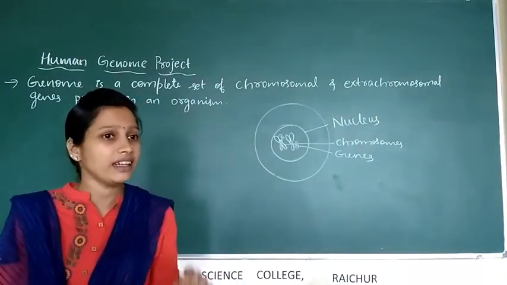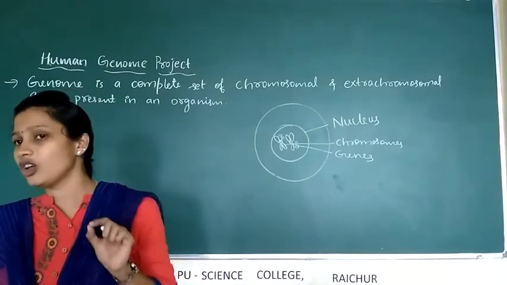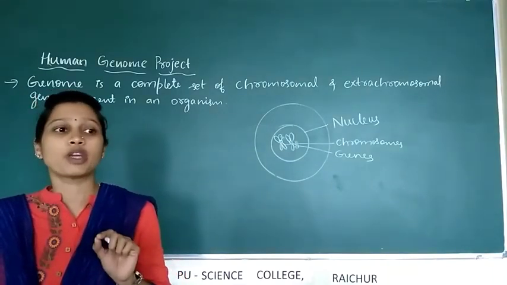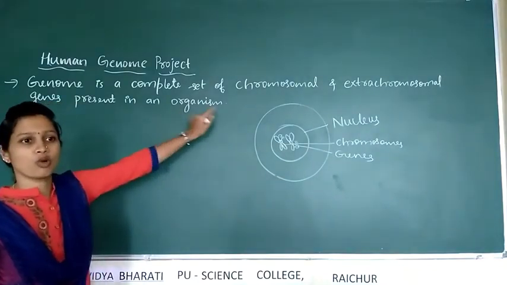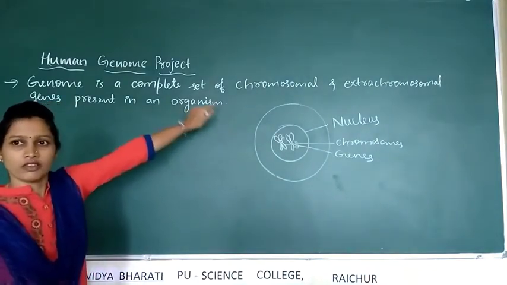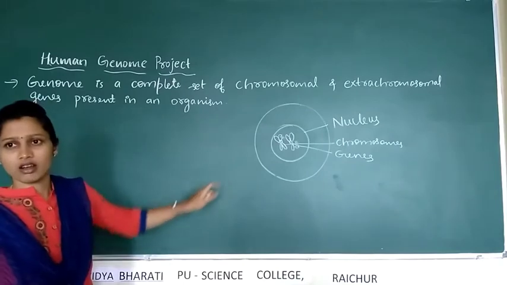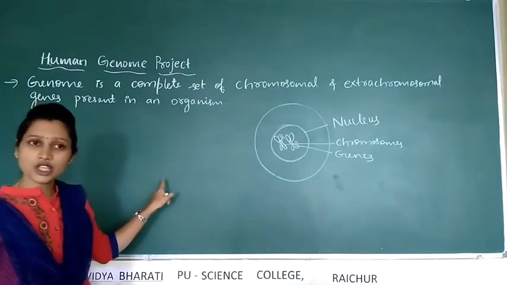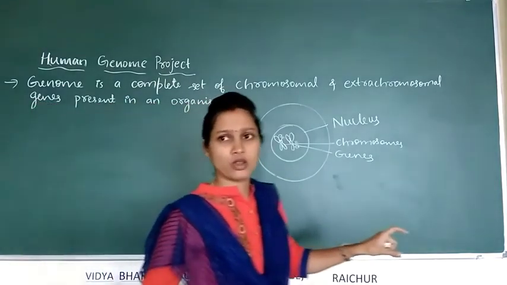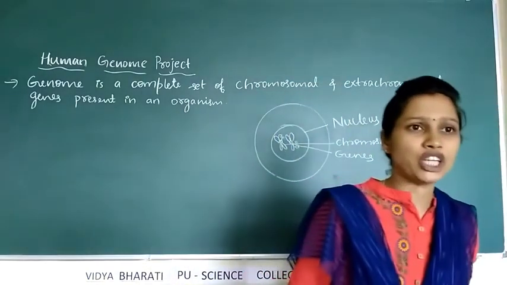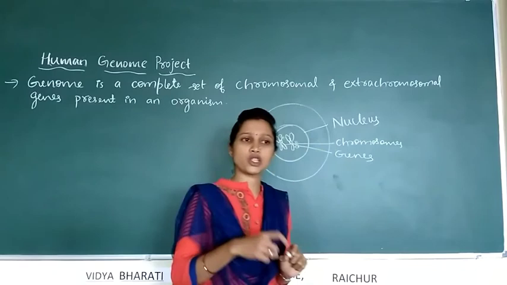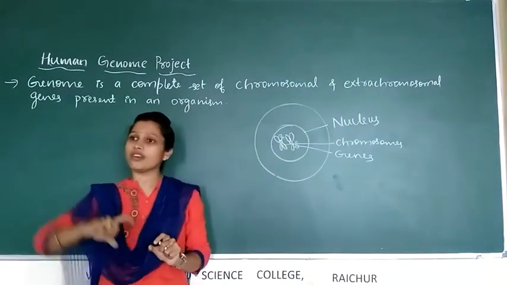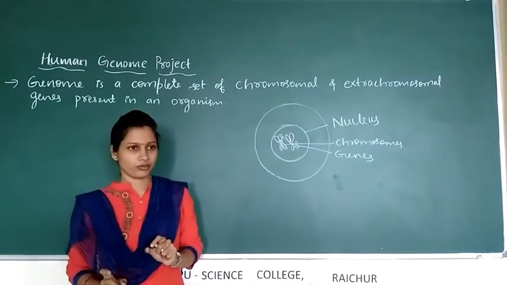And that specific identity of an individual is because of the presence of genes on the chromosome. The varieties of genes or number of genes present on the chromosomes of one individual is different from the genes located on the chromosomes of another individual.